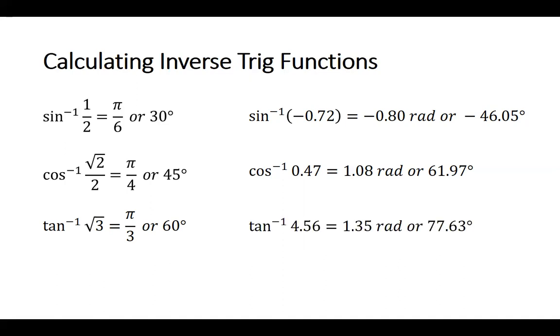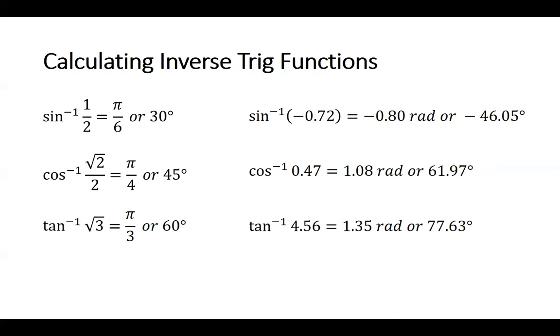Well, what about tangent? If we take the inverse tangent of 4.56, then our calculator tells us that's 1.35 radians or 77.63 degrees. All Students Take Calculus. Tangent is positive in the first quadrant and the third quadrant.